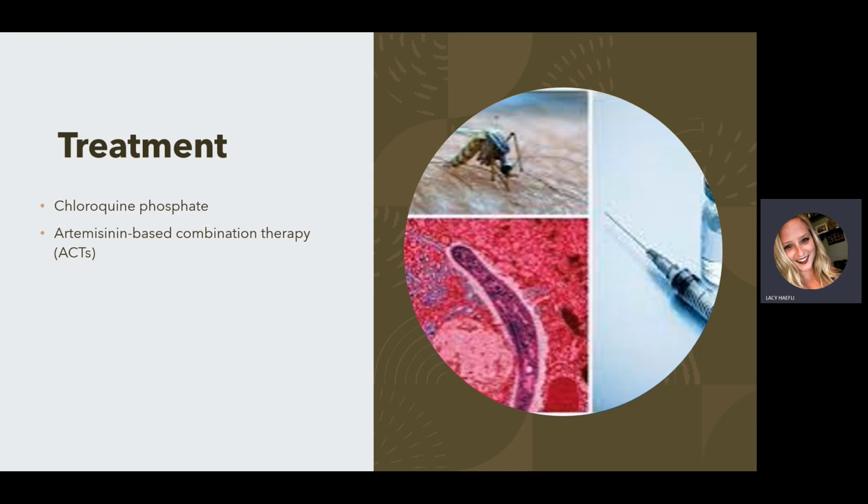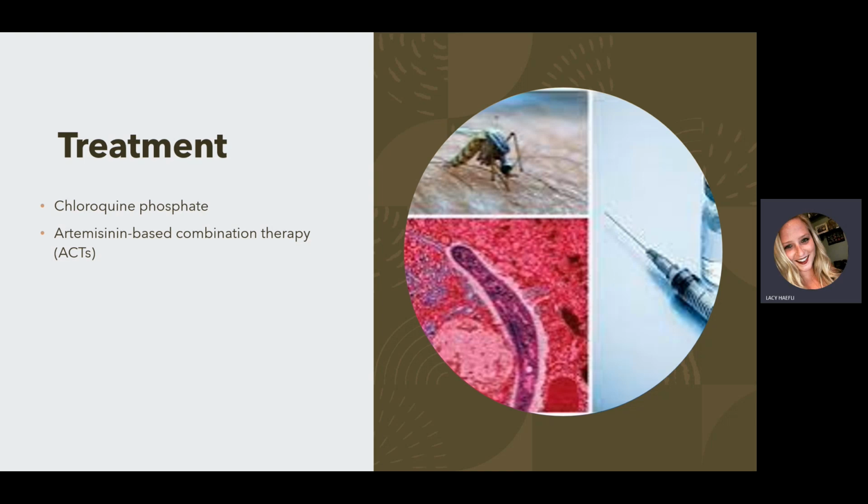This anti-malarial drug is taken by mouth with a dosage and length of treatment depending on the severity of the patient's condition. However, when it comes to children, they do also base this on their weight. Unfortunately, this medication is also one that in many parts of the world, the parasite has actually started becoming resistant to. And so, unfortunately, the drug can no longer be used effectively.